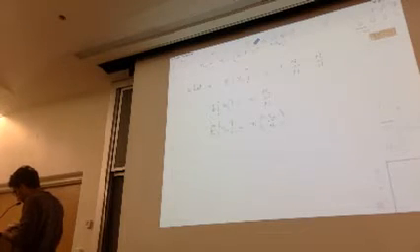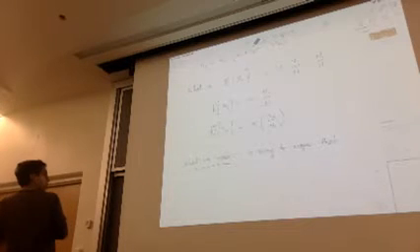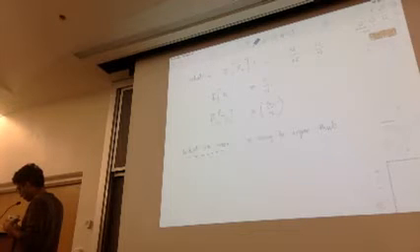So in some sense, to analyze this, what we need is a way to argue that n1 is actually close to its expected value.